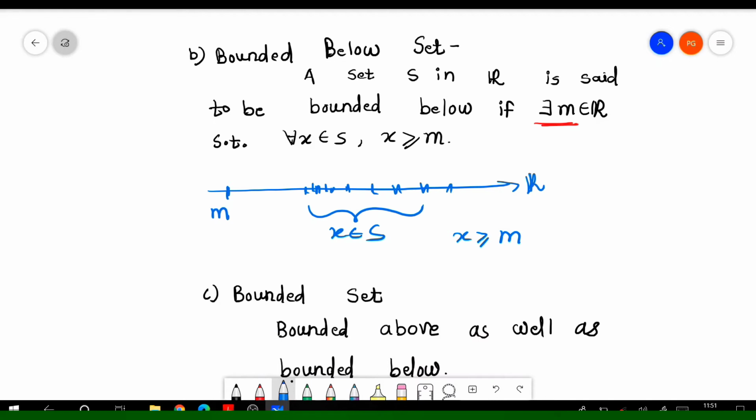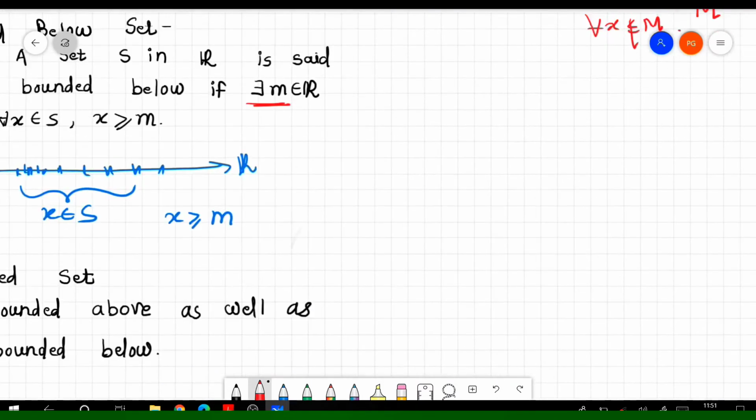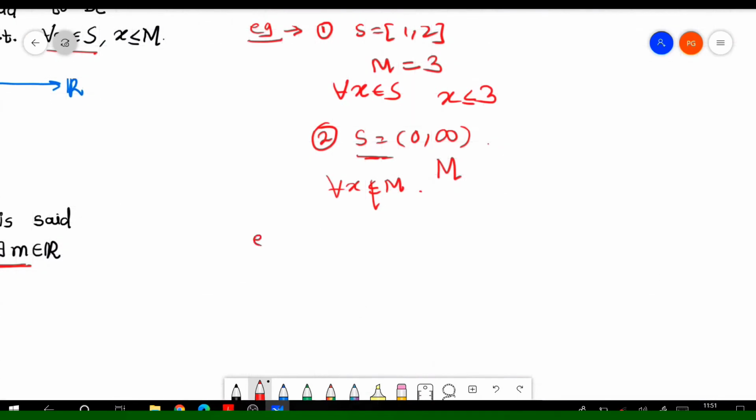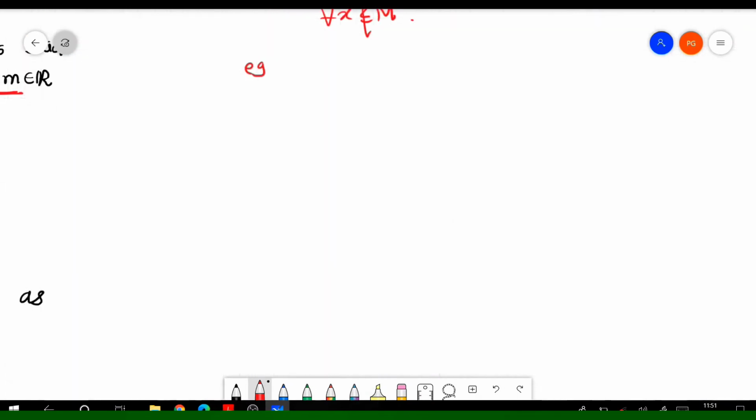For example, first example, we will see the above example only. For 1, 2, you can easily see that for M is equal to 0, any element which belongs to S satisfies this equation, and hence we can say that set S is a bounded below set.